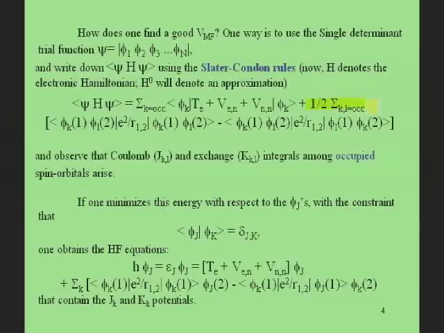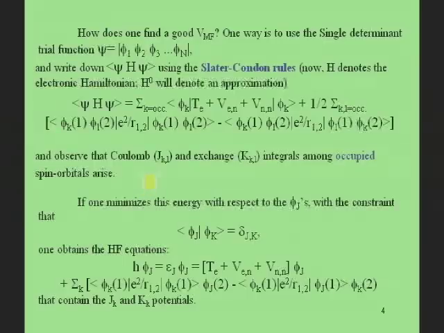But then the next thing it says is, please now sum over all the pairwise interactions between electrons. Now I write it here as this 1/2 K not equal to L, just to remind you that it could be K less than L, or a half K not equal to L. So this just says, please add up all of the Coulomb minus exchange interactions among the spin orbitals that are in your determinant.